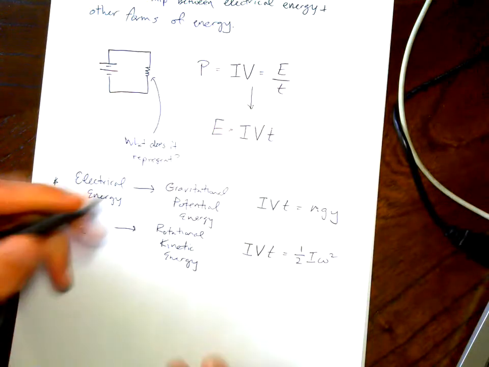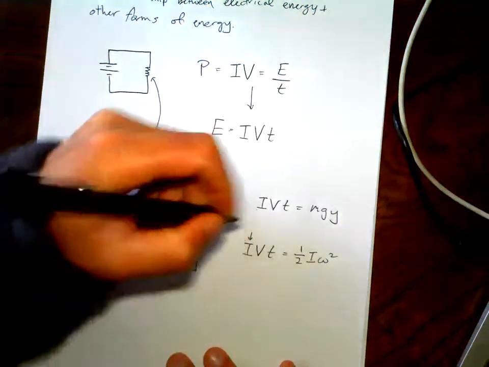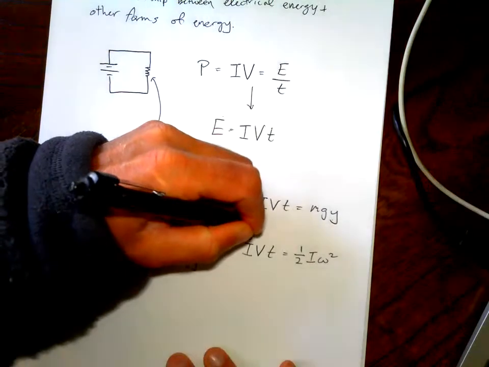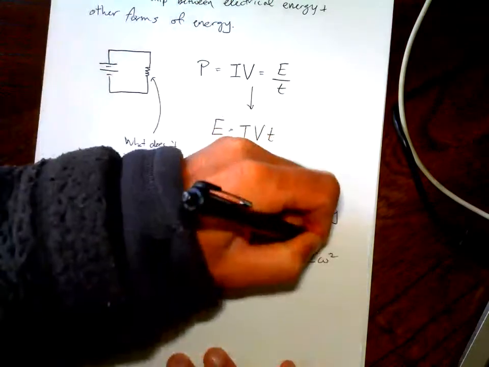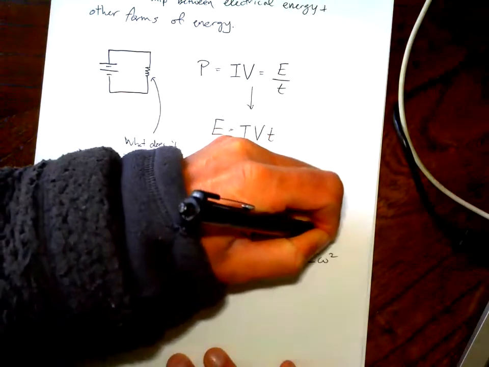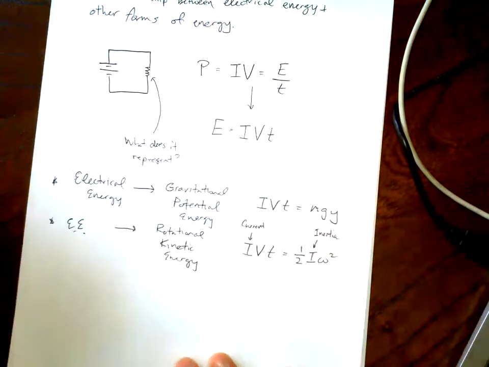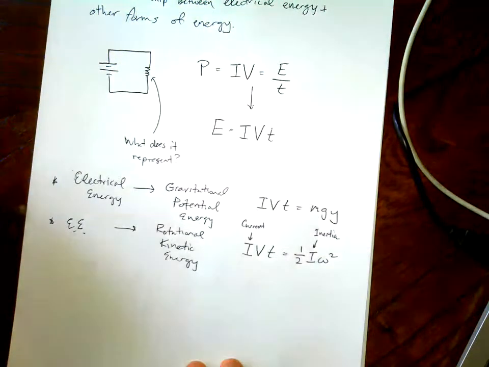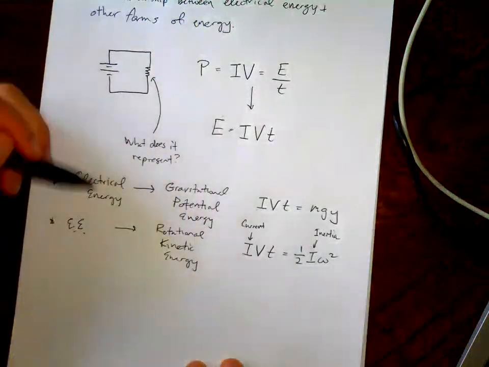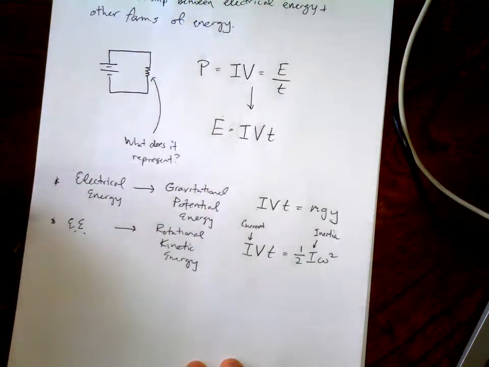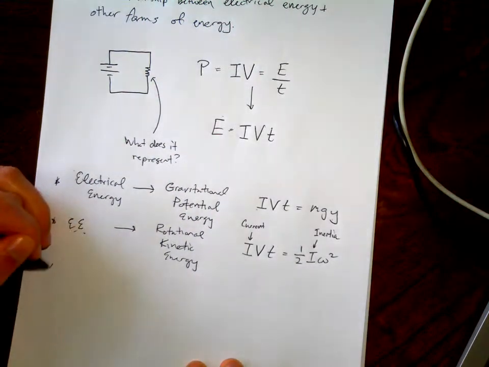We've got to be a little careful here because this I represents current and this I represents inertia.